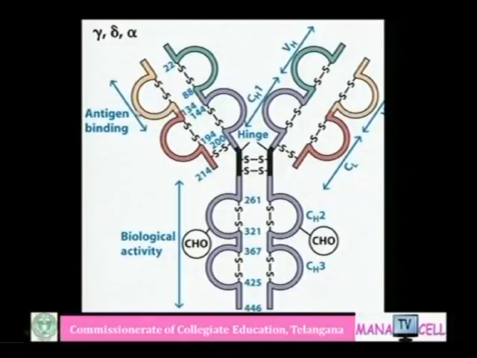This is the antigen binding site and this is the FC portion, and between the light chain and heavy chain you will also find interdisulfide bonds, and inside the heavy chain you will also see the attachment of a carbohydrate moiety. These carbohydrates bind to the constant domain of the heavy chain 2.